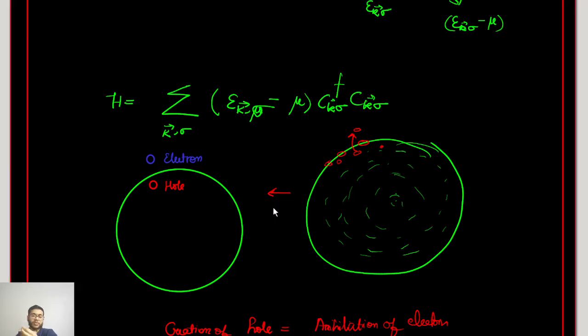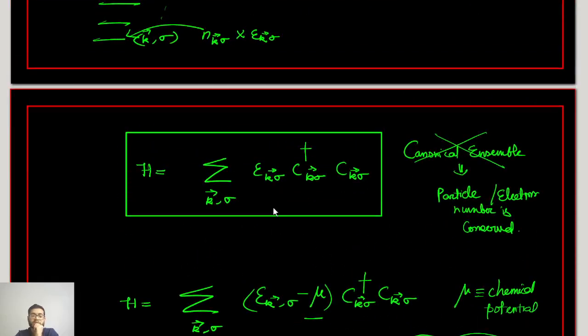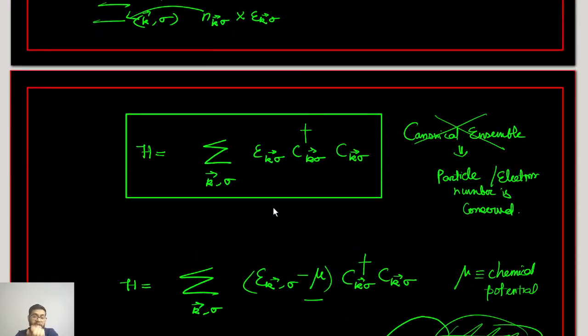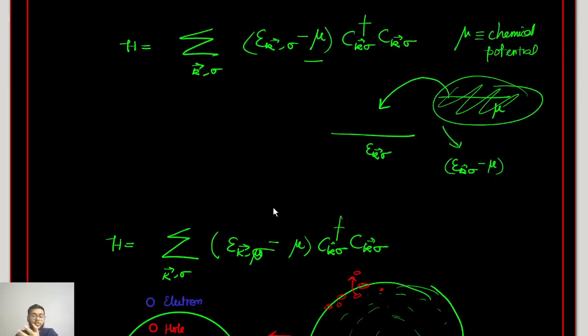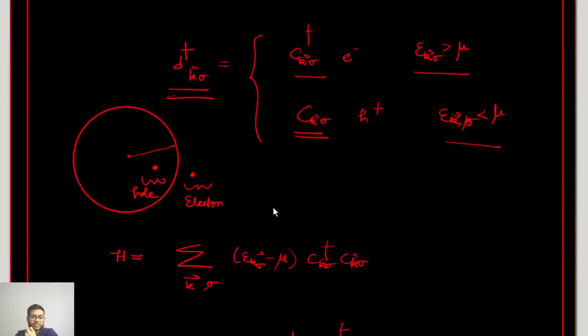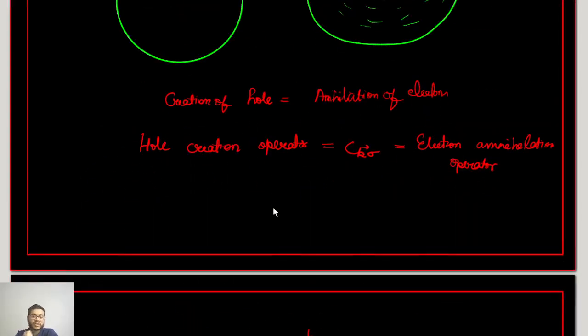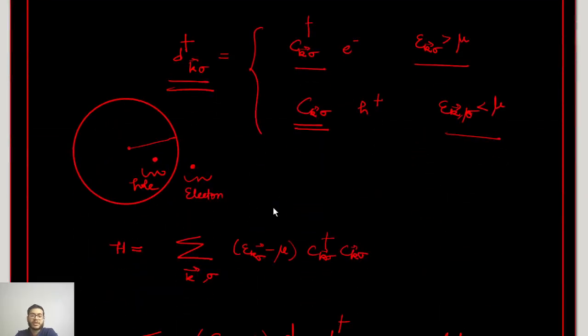So it can be creating a hole when k is less than kf, and creating an electron when k is greater than kf. So that's why we need this Hamiltonian, which has only the electron creation operator, to also accommodate the hole creation operators. So we define the hole creation operator to be the electron annihilation operator, and we define an excitation operator rather than the electron creation operator.